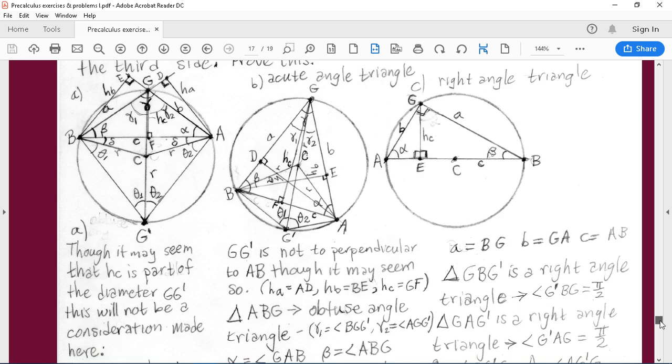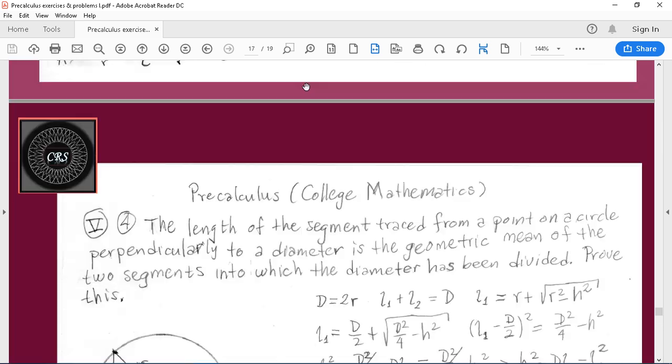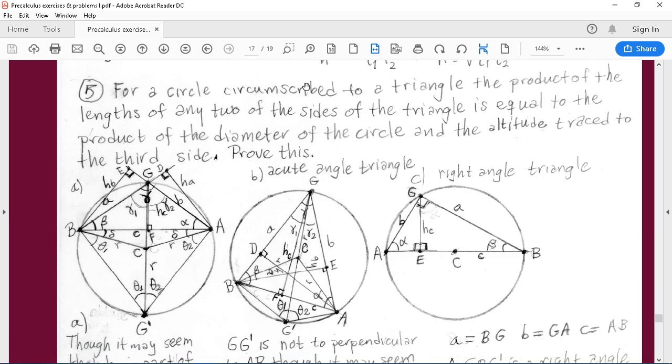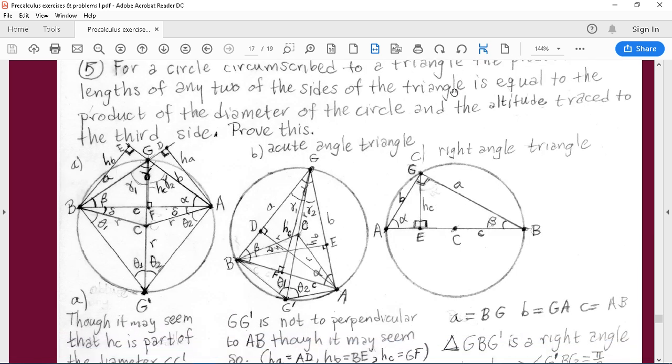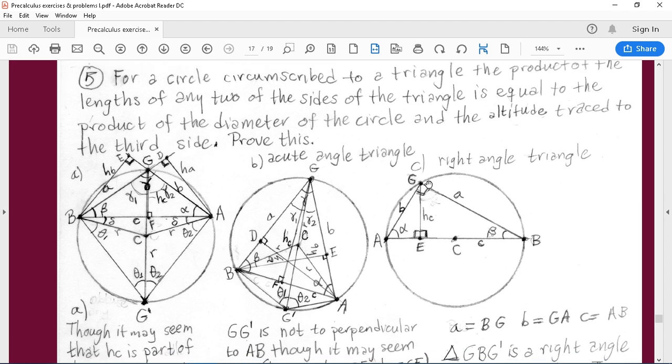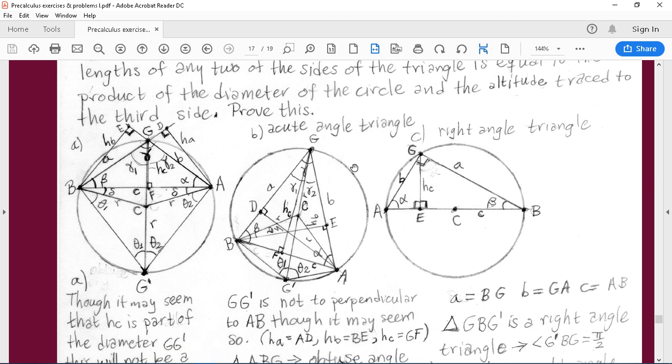Okay, in the previous video we worked on the case for which the circle was circumscribed to a right angled triangle, which was this case. Now we're going to work on the acute angled triangle case.